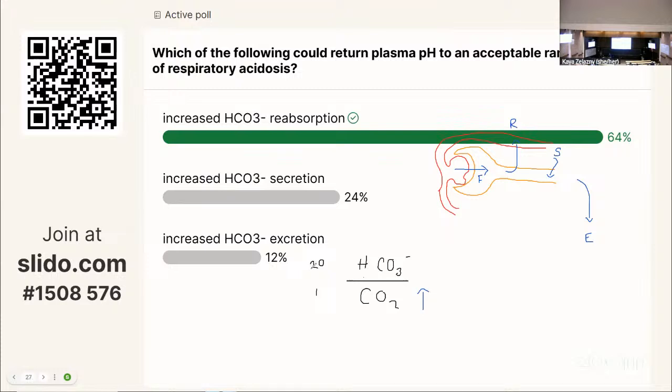To keep us at this 20 to 1 ratio, we can increase our bicarbonate buffer, right? We can shoot that up too. This is something that your kidneys could hopefully do for you. If we want more bicarbonate in the blood, we're going to have to take bicarbonate from somewhere in the nephron.